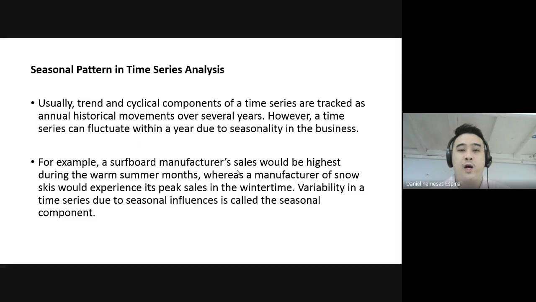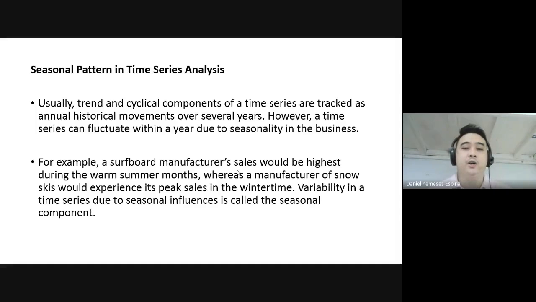So in months that are hot, there is a high demand for halo-halo, while in months that are cold or rainy season, there is less demand for halo-halo.